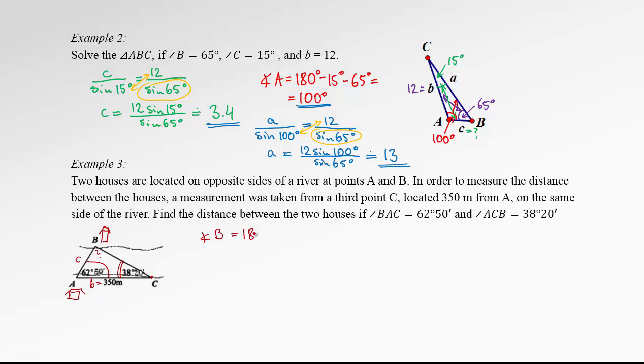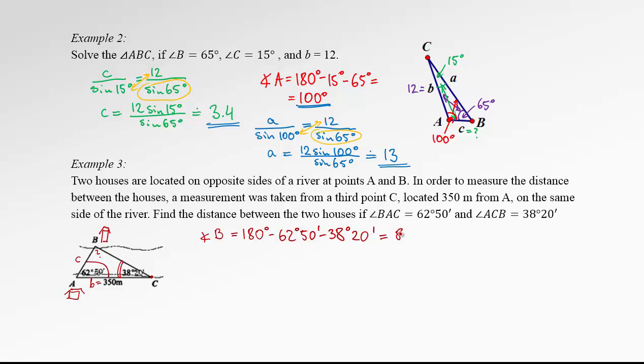That will be 180 degrees minus 62 degrees 50 minutes and minus 38 degrees and 20 minutes. Okay, so how to subtract this efficiently? Well, let's subtract first just degrees, leave the minutes for later. So I would go 180 minus 62 and minus 38.